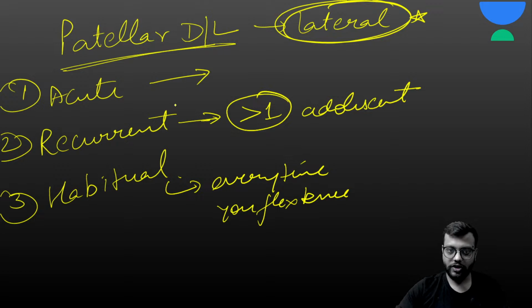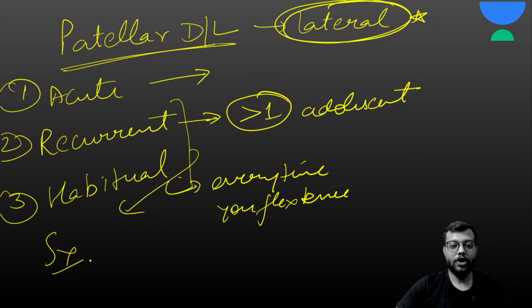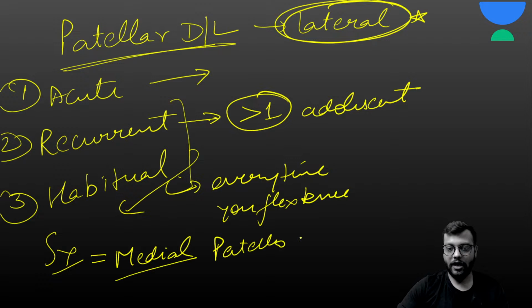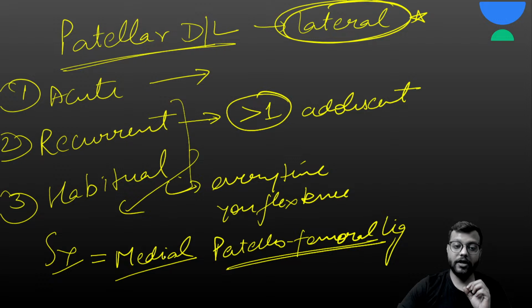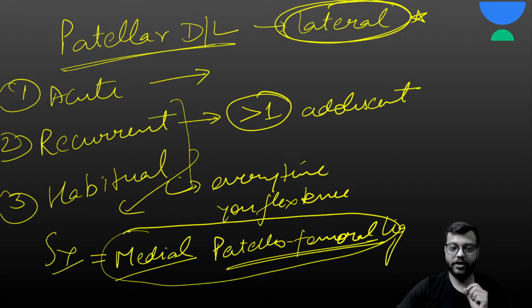So for these two you go for surgery, and in the surgery you repair the medial patellofemoral ligament, which is nothing but an extension of the quadriceps tendon. So the medial patellofemoral ligament has to be reconstructed.